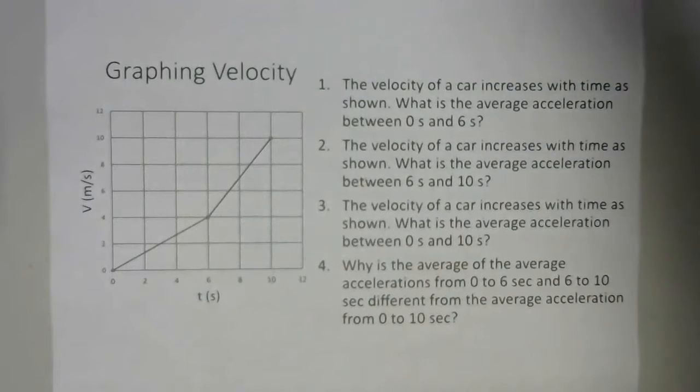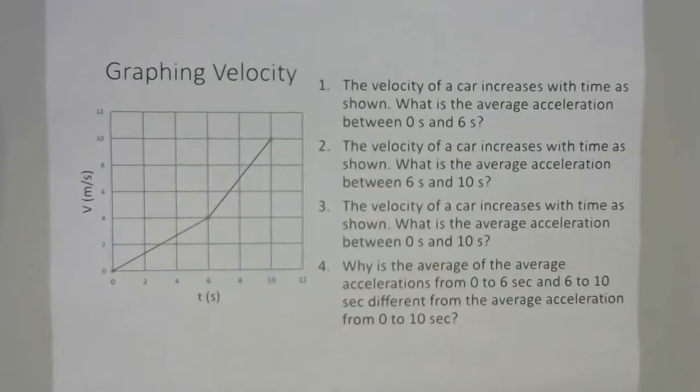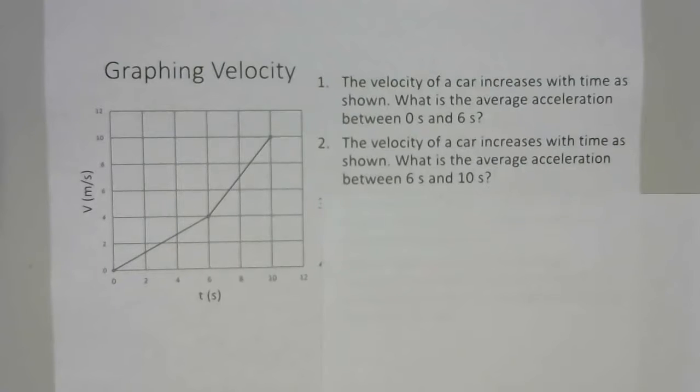What we find is that we have constant acceleration between 0 and 6 seconds, and then another constant acceleration between 6 and 10 seconds that's different than the first interval. So we want the average between 0 and 6, and then 6 and 10.